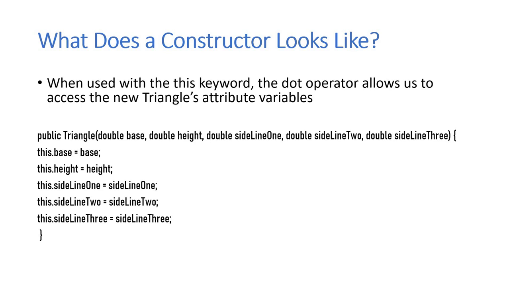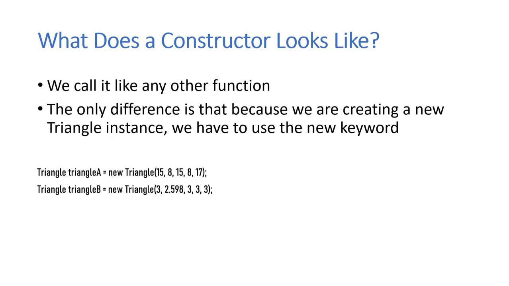This allows us to access the base, height, and side lengths of the instance we are creating, so we can initialize them. With the code below, we are initializing the attributes of the new triangle with the values of the corresponding parameters. In the constructor, we initialize the new triangle's base attribute with the value given in the base parameter. We also initialize the new triangle's height attribute with the value given in the height parameter, and so on for each attribute of the triangle we are creating, and that's our constructor function defined.